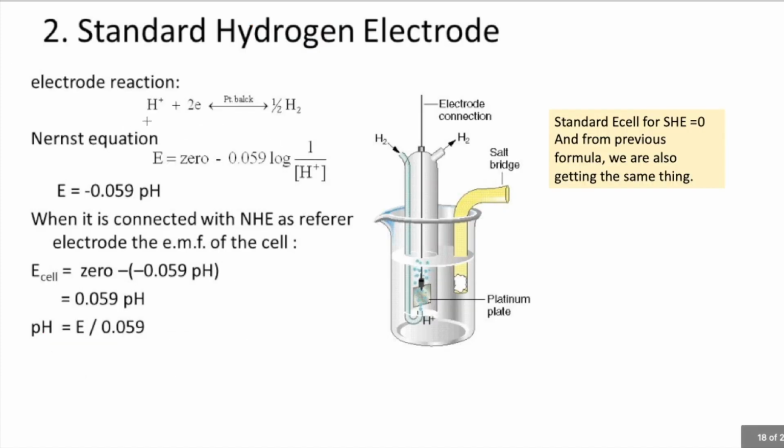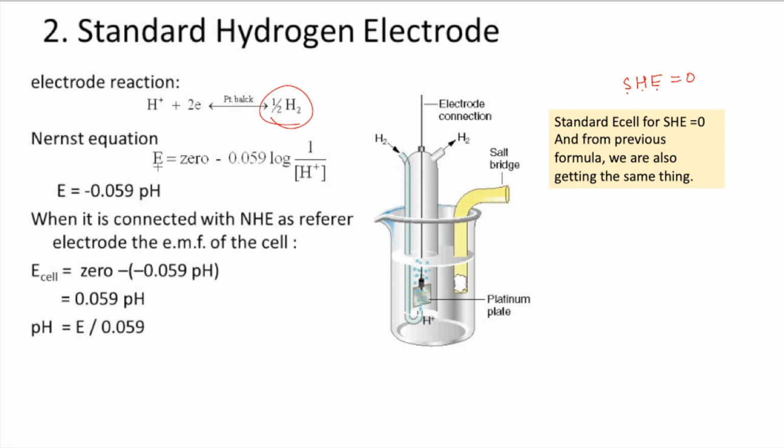Standard hydrogen electrode is the electrode which is used to determine the EMF of other electrodes. The standard hydrogen electrode, denoted as SHE, has an EMF of 0. Okay, so the EMF is considered to be 0. The cell reaction is H plus taking up electron to give you half mole of H2.